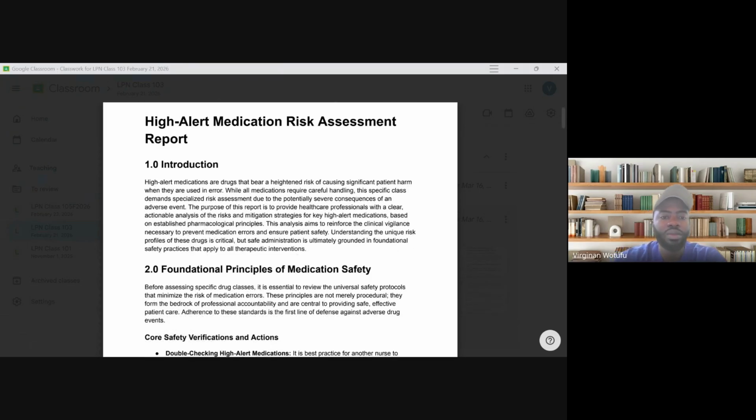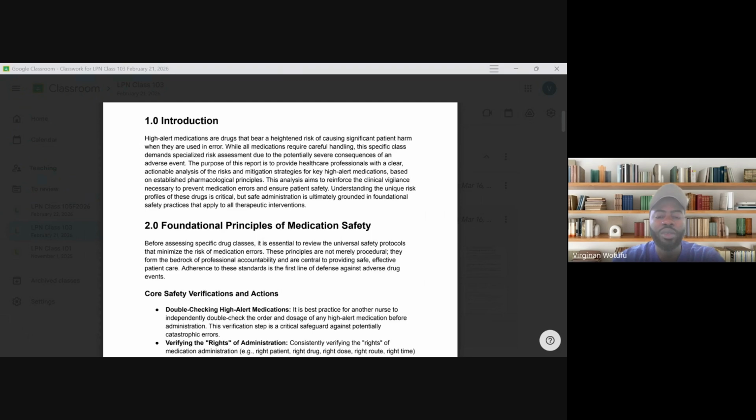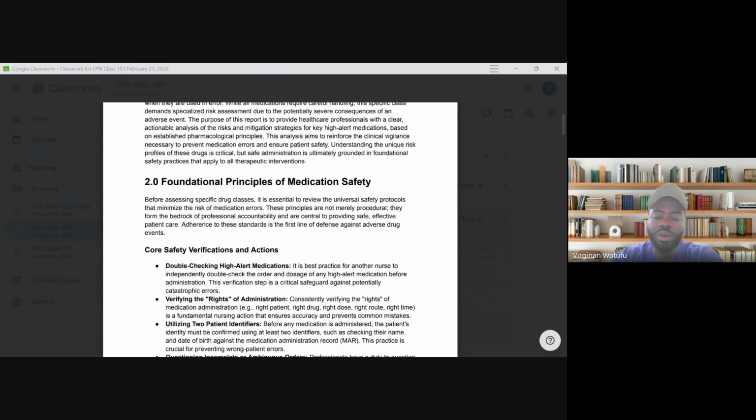So first up, we look at the foundational principles of medication safety. We just made mention of the fact that you have to double check high alert medications, right? In administering high alert medications, what do you do? You always double check independently with another nurse.